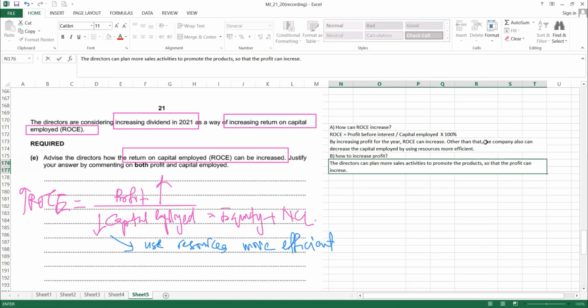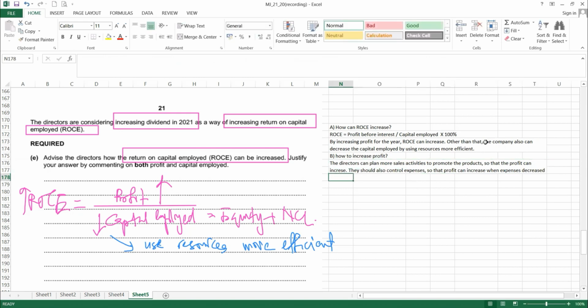Other than that, what the director can do is also control expenses, so that profit can increase when expenses decrease. So that is about the increase in the profit.